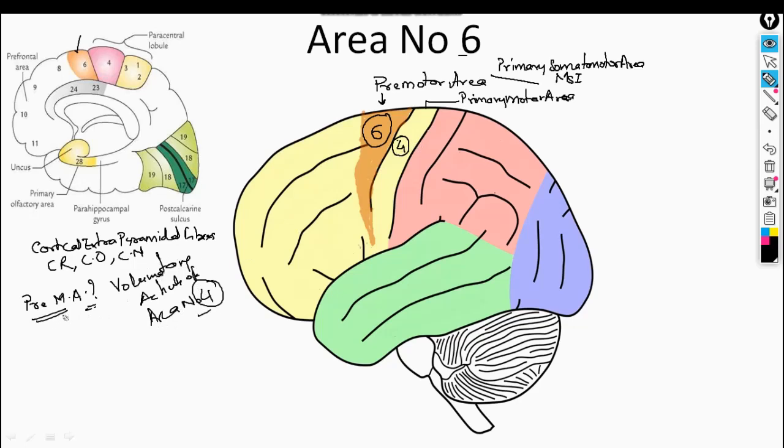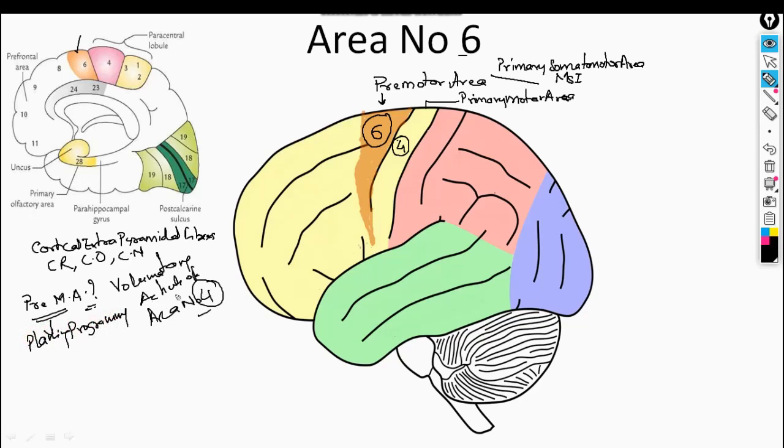So how does this premotor area do this? It does so by proper planning, that is the planning of the programming, for area number 4.